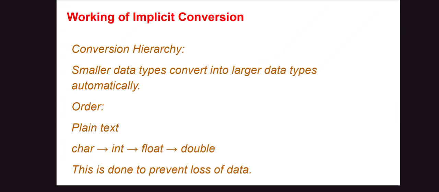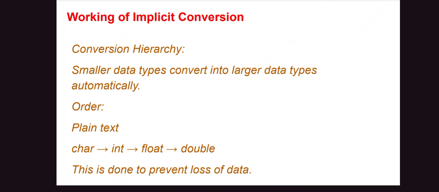First, let's see implicit type conversion, and how it works. Let's look at the conversion hierarchy. Smaller data types are converted into larger data types automatically, without any interference from the user.